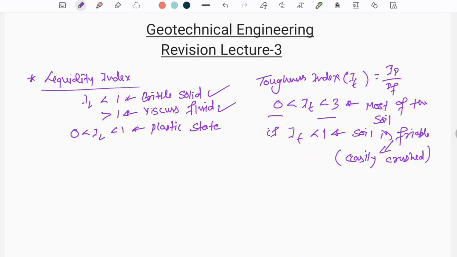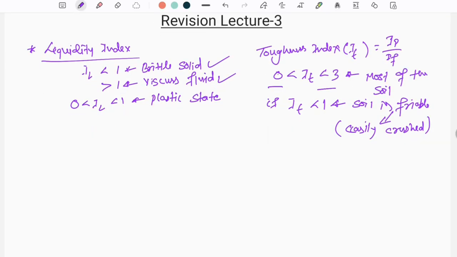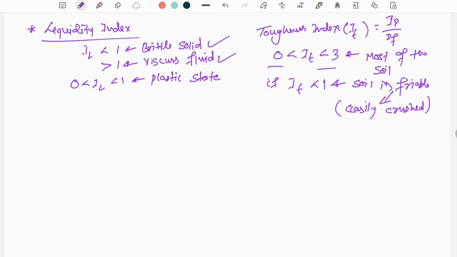There is one more index, that is called consistency index. Consistency index plus liquidity index is always equal to 1, because both are ratios and the denominator of both indices is the plasticity index. So when you add them together, it comes to 1.